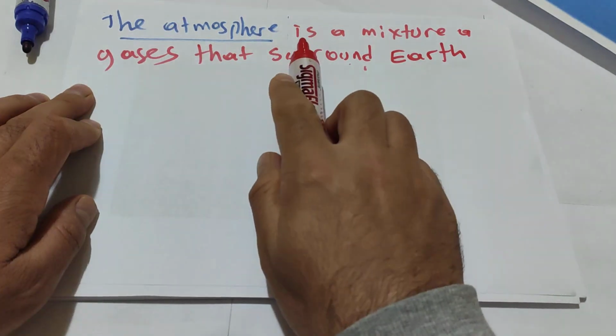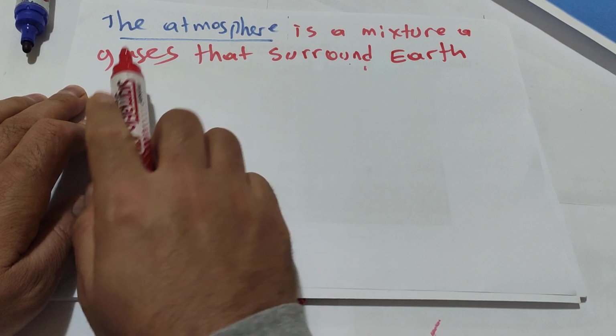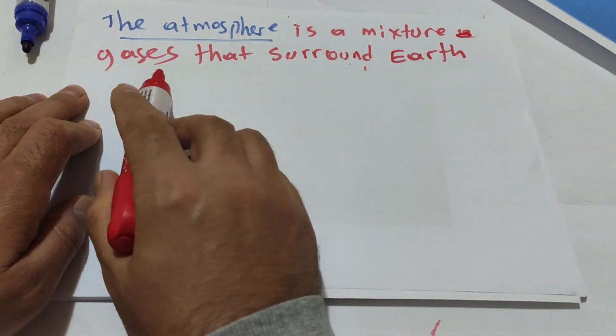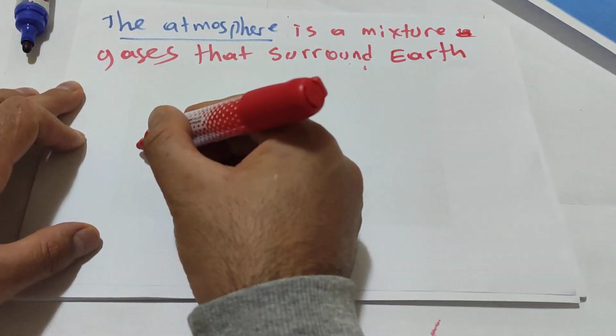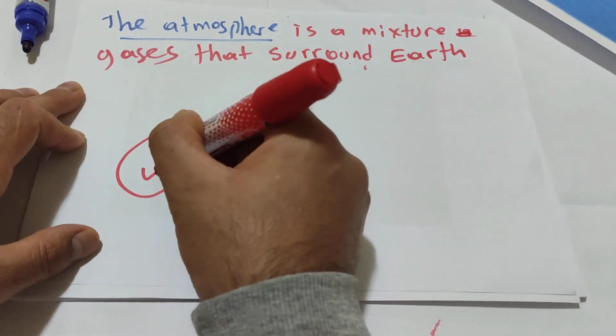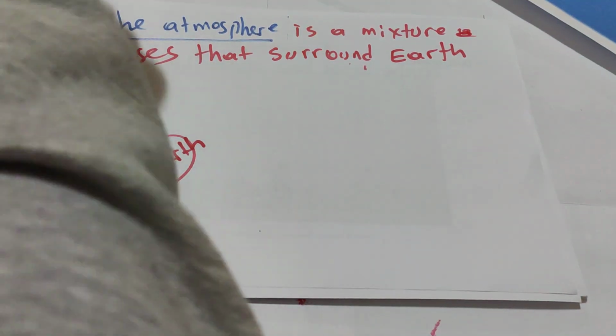The atmosphere is a mixture of gases that surround Earth. Remember, it is Earth, students, Earth surrounded by a gas layer.